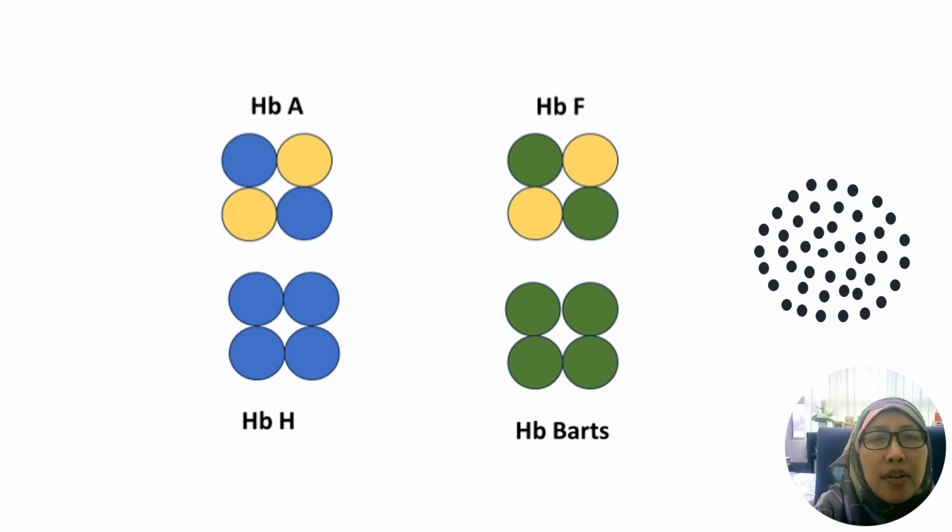The excess of beta-like globin chains form non-functional beta chain tetramers called HbH or beta-4 tetramers in adults, while the excess of gamma chain tetramers are called Hb Bart's in the fetal period.